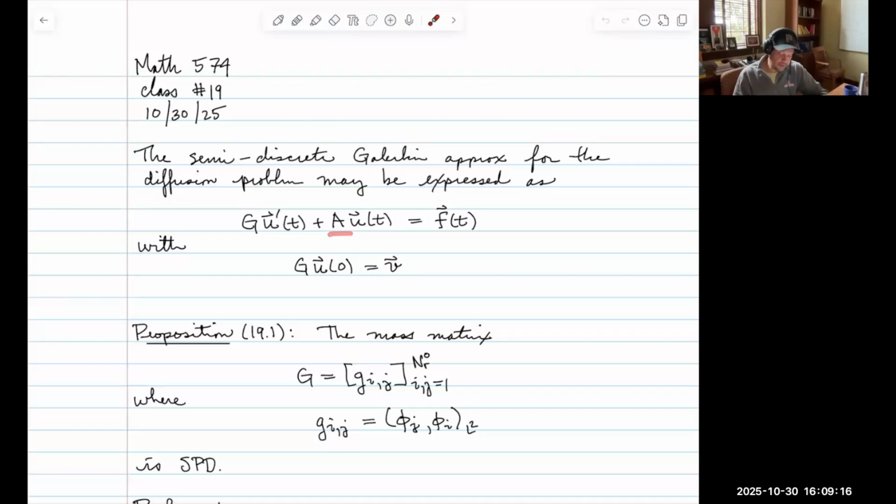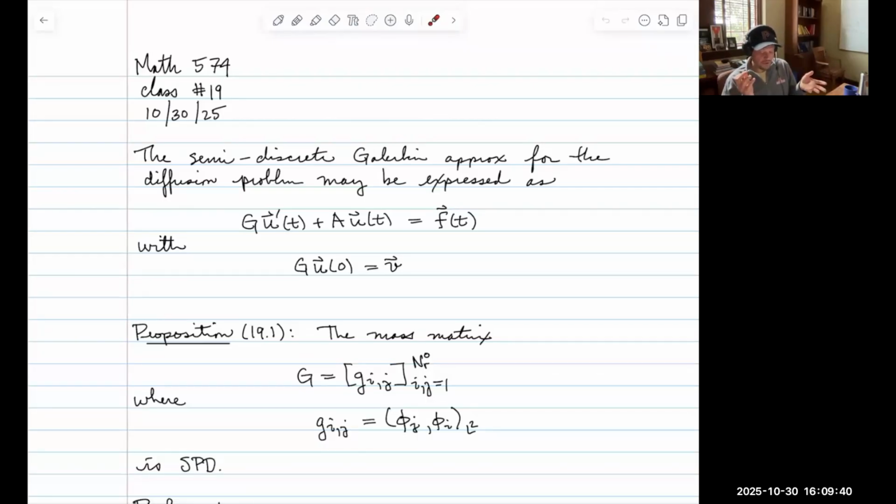Its components are calculated by inputting the components of the standard finite element basis into the A bilinear form.